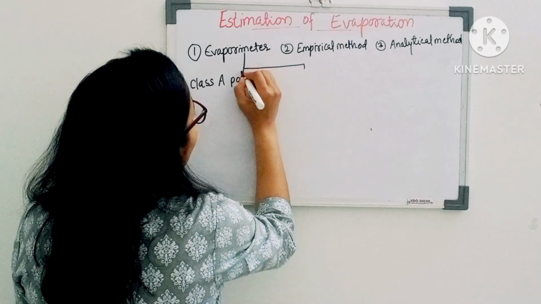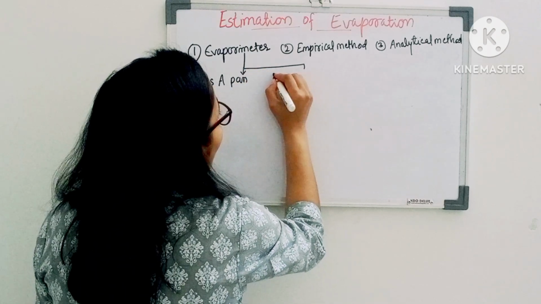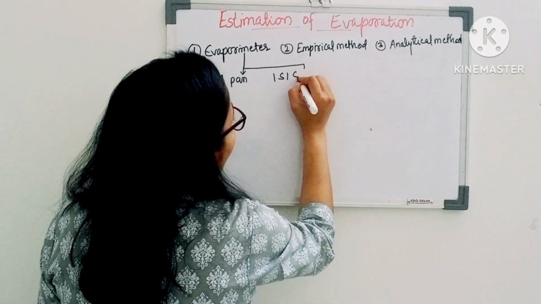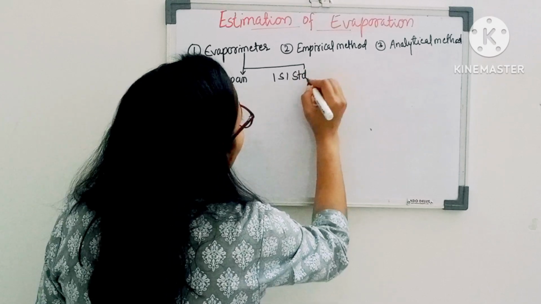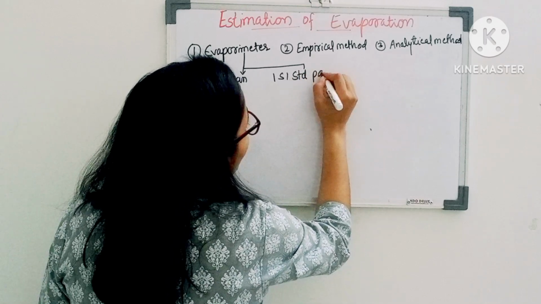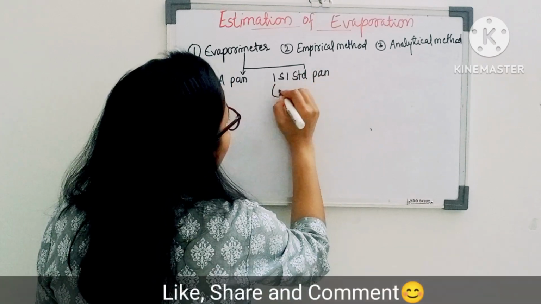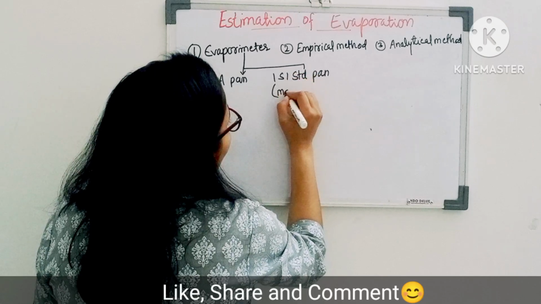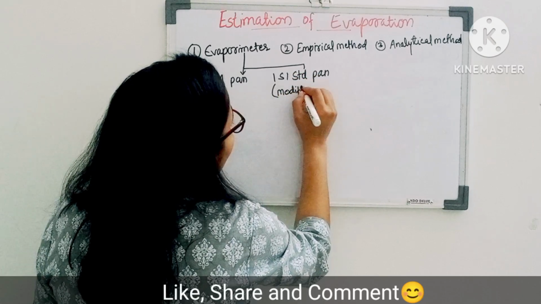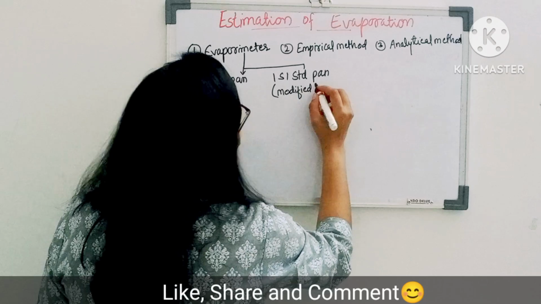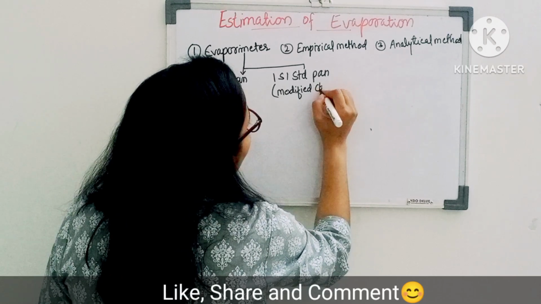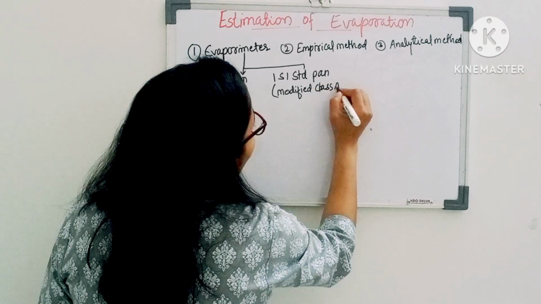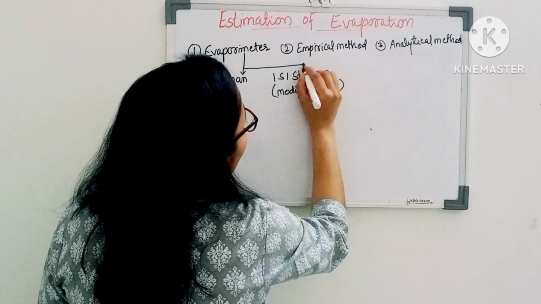Second one is the ISI standard pan evaporimeter, also known as the modified class A pan evaporimeter.